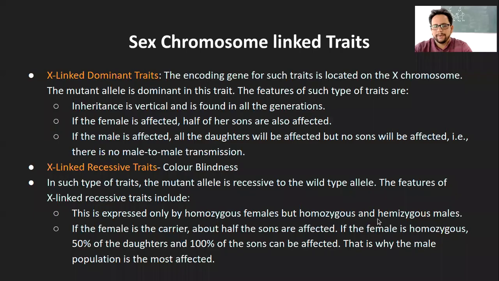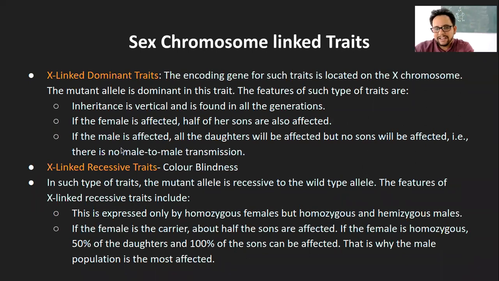Going back here, if the female is affected, and we have seen affected in both ways, homozygous and heterozygous, then half of the sons are also affected, that is what is being shown here. If the male is affected, now if we just reverse the situation, the daughters will be affected but no sons will be affected. Why?